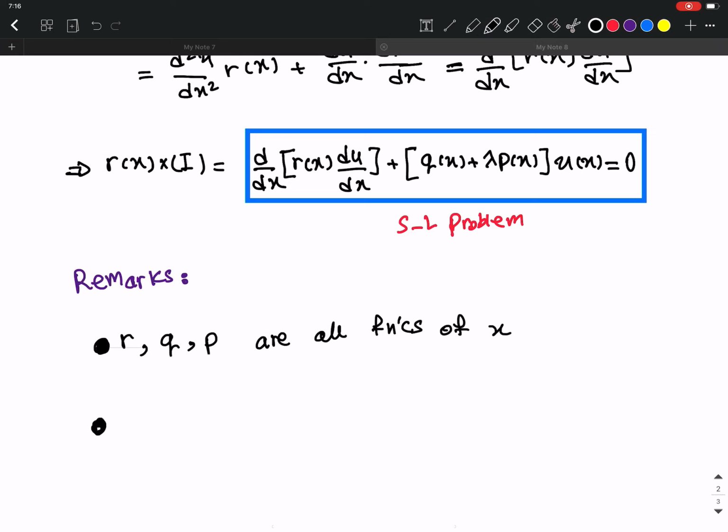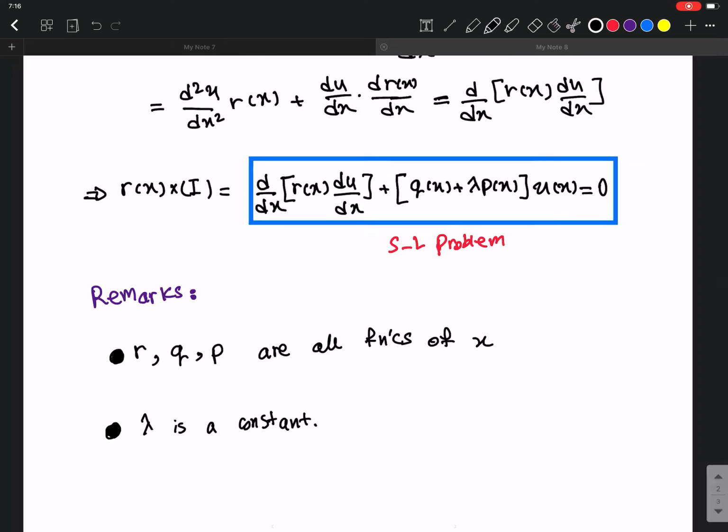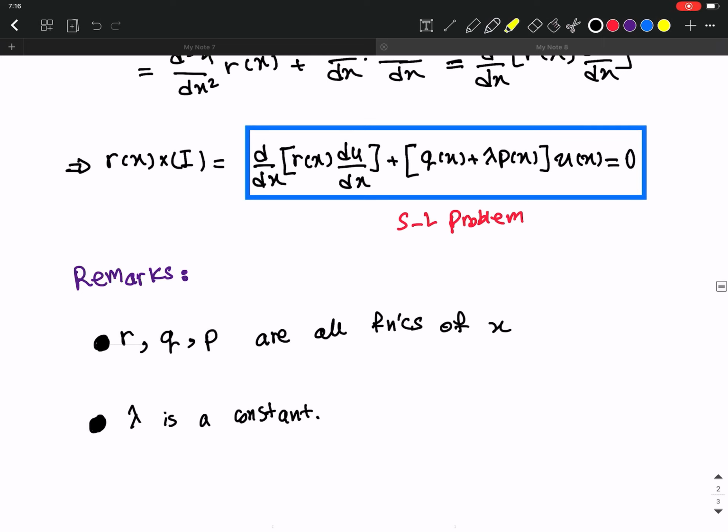The second remark is that lambda is a constant, and we are going to say what it is called here. So lambda that appears here is a constant.